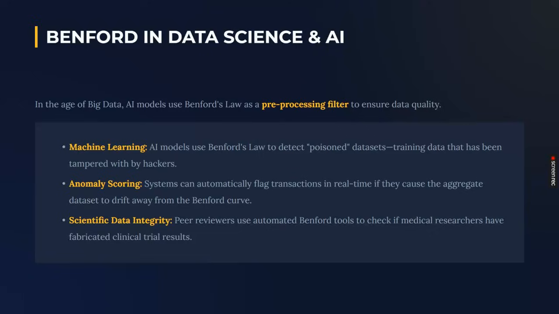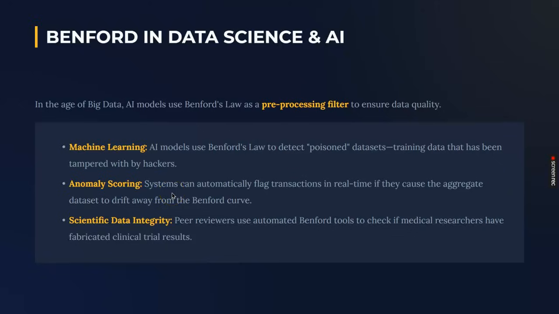Benford's law is used as a pre-processing filter to ensure data quality. AI models use Benford's law to detect poisoned data sets, training data that has been tampered with by hackers. So basically, they just weed out all the bad eggs in terms of the data, where it is artificially created or anomalous. The anomaly scoring system can automatically flag transactions in real time if they cause the aggregate data set to drift away from the Benford curve.